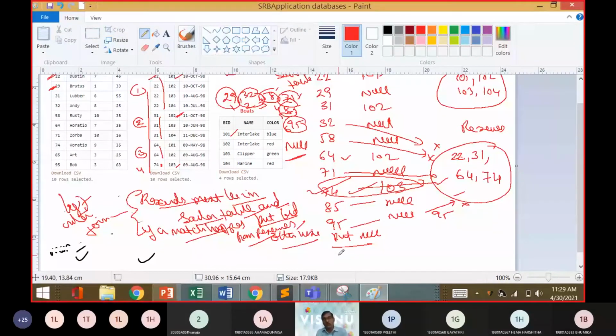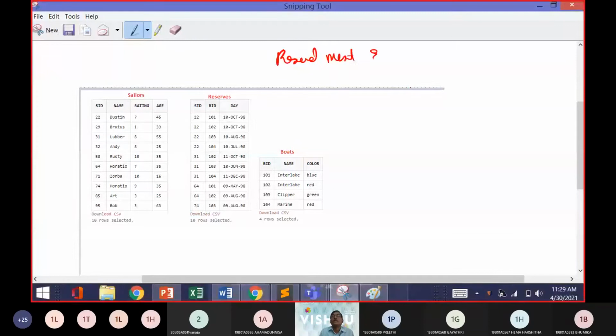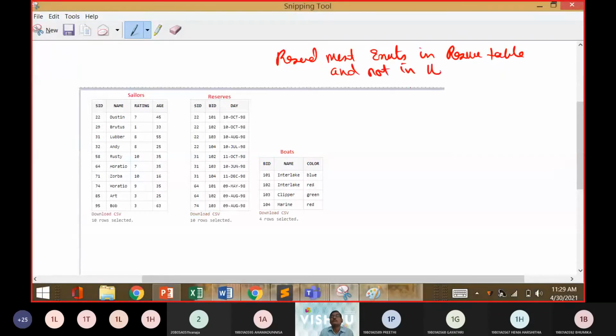Now tell the opposite definition. Now we have to understand the opposite definition. What is the opposite definition? The opposite definition is, now records must exist in the reserves table and not in the Sailors table.